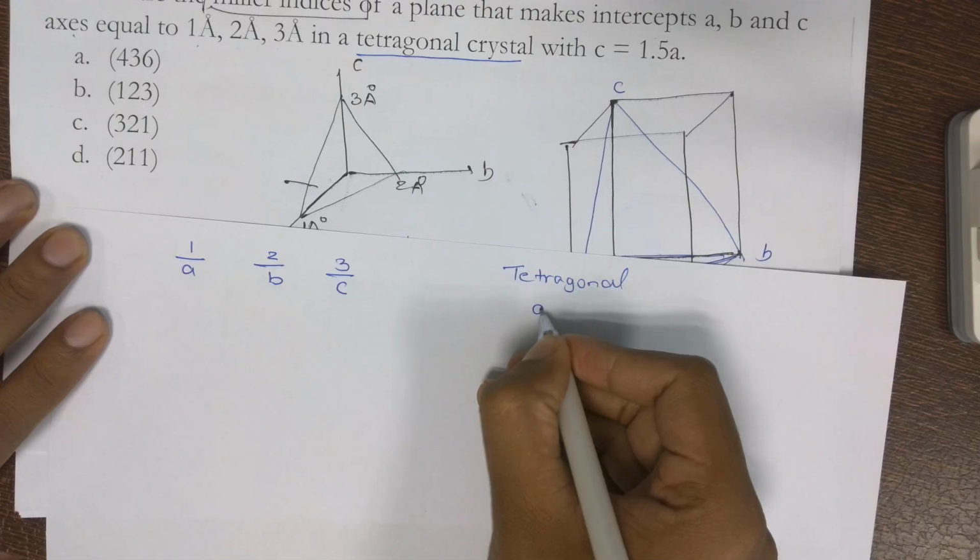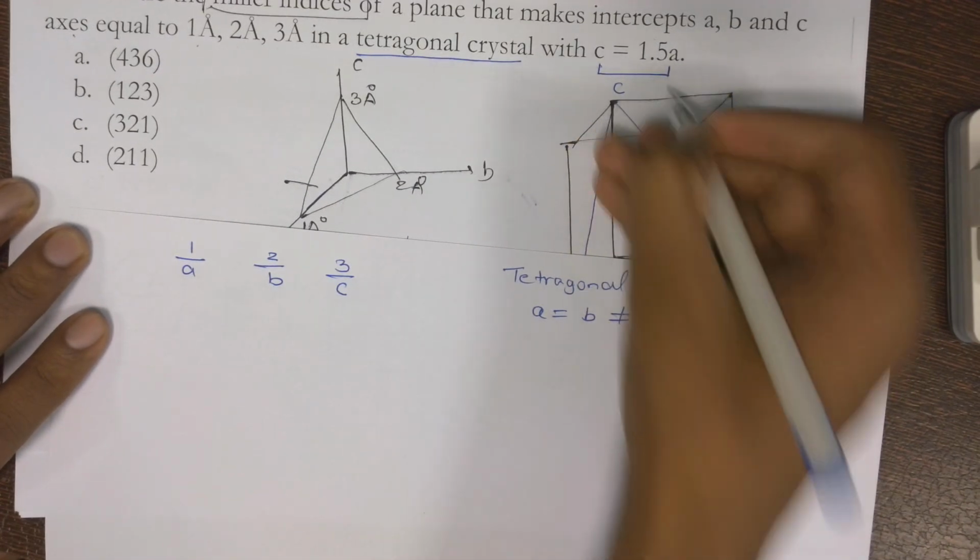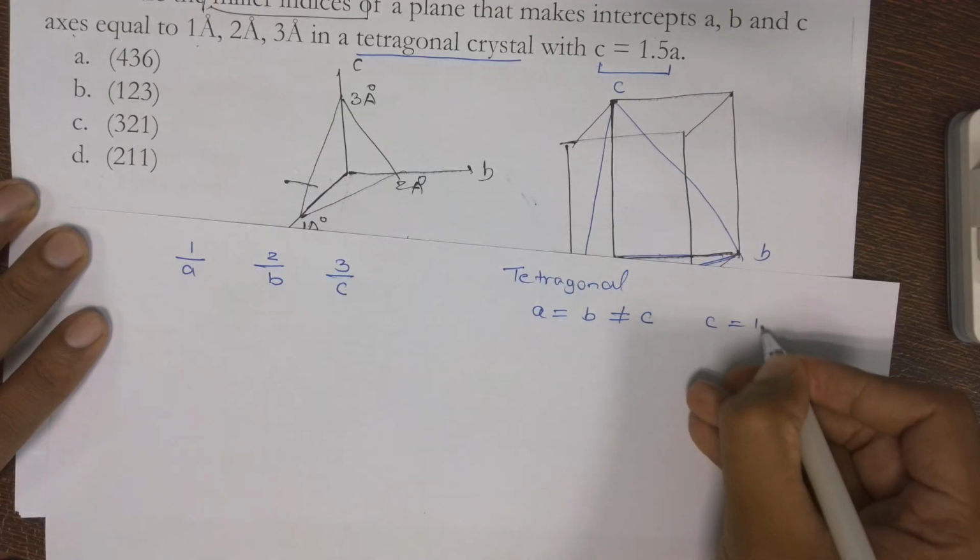In tetragonal, A is equal to B, which is not equal to C, and so the relation between C and A is given to us. C is equal to 1.5 times A.